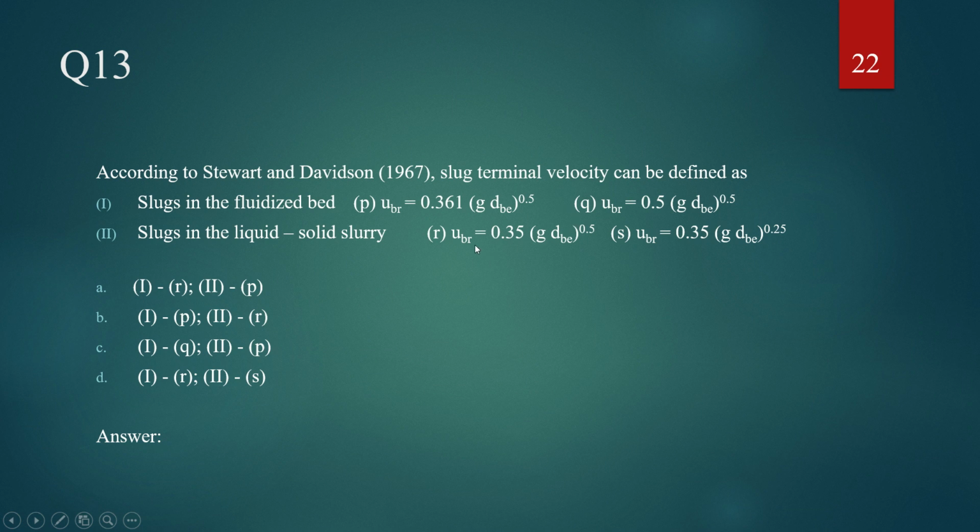That is, both are square root only, not any other roots. So UBR is square root of G dBE times some constant value. That constant is 0.35 for the fluidized bed, and for the liquid solid slurry it is 0.361. So 1R and 2P is the right answer. So the answer is option A, 1R 2P.